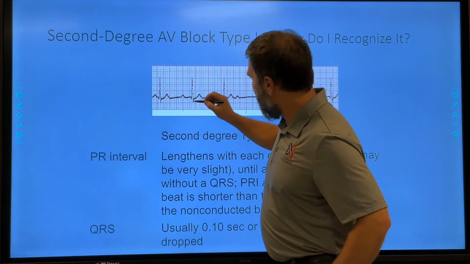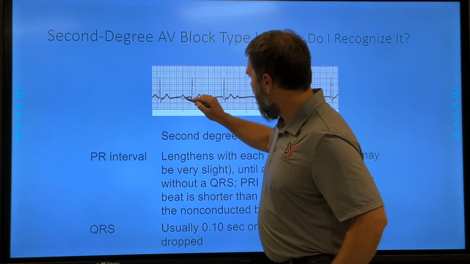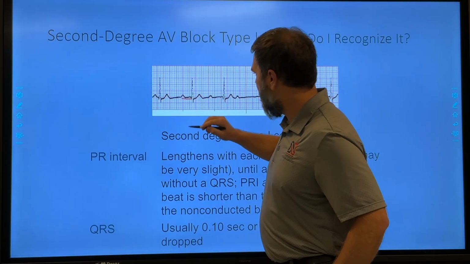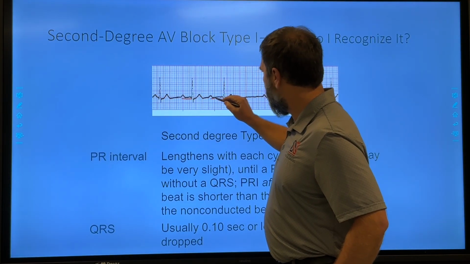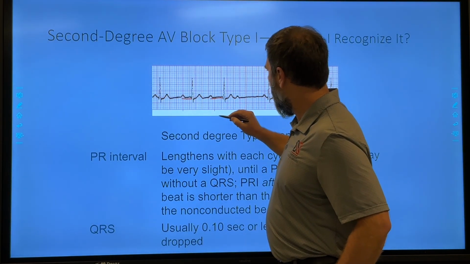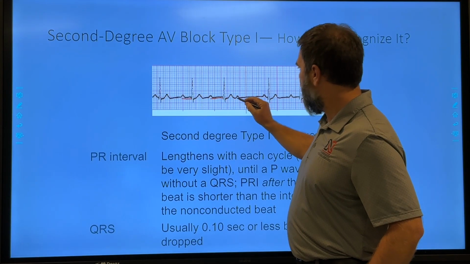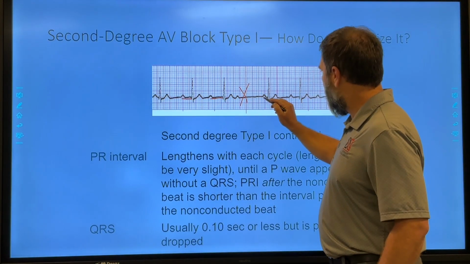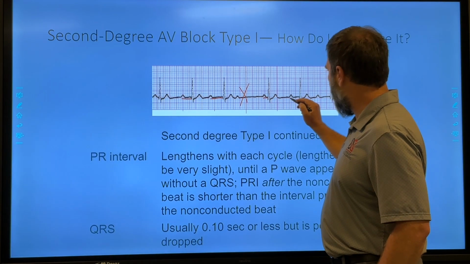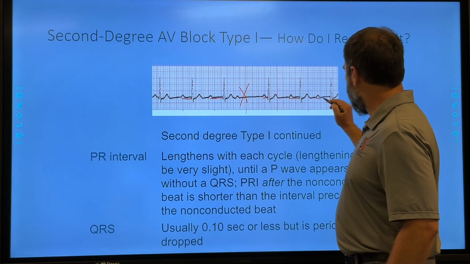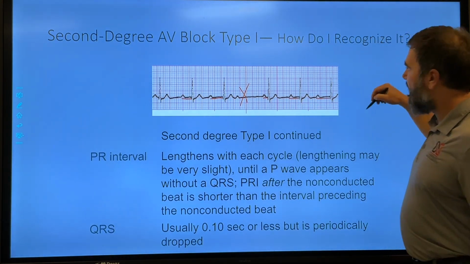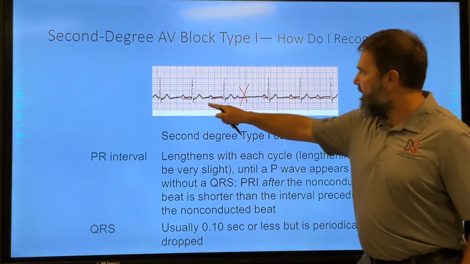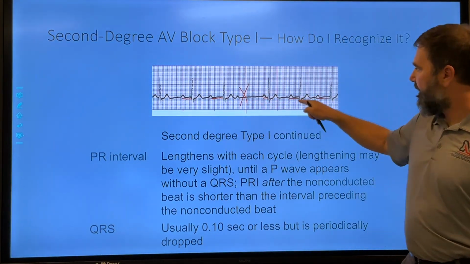Notice that PRI here, beginning of the P wave to the beginning of the QRS complex. Notice how it's increased, and then finally we dropped a QRS complex. So again, it's kind of a repeating pattern. And then there will be a dropped complex over here. But notice the increase in PRI that is occurring.